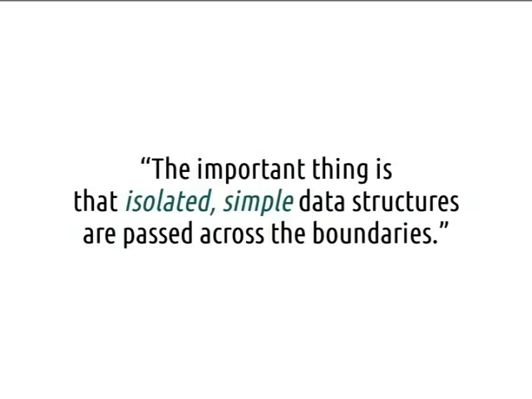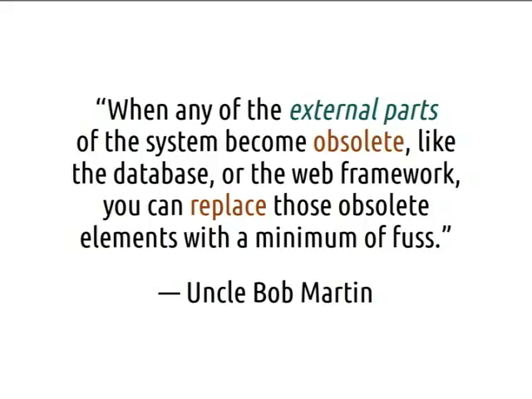So the key is that the layering between the systems needs to work with the assumption that I'm just getting data. And here's kind of the payoff. When any of the external parts of the system become obsolete, you can replace them.